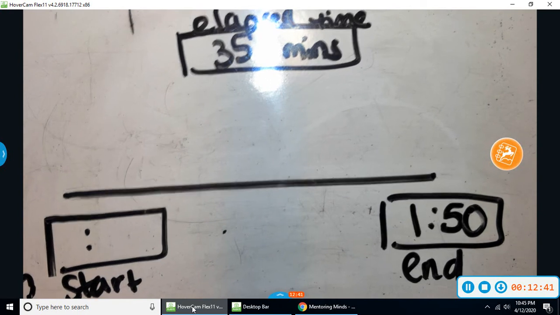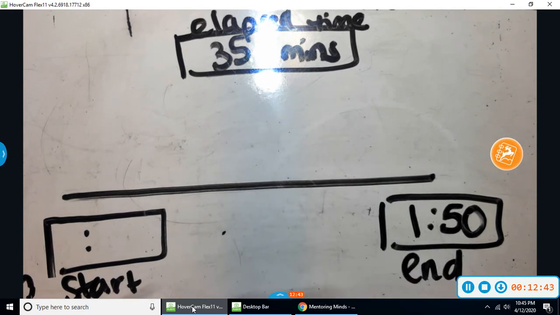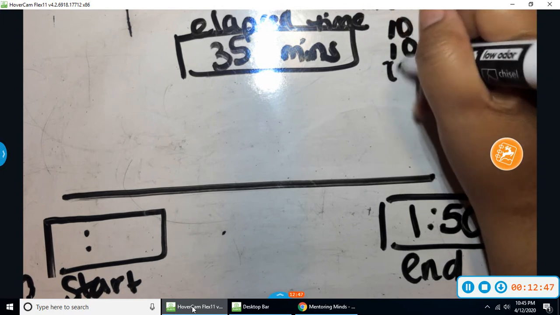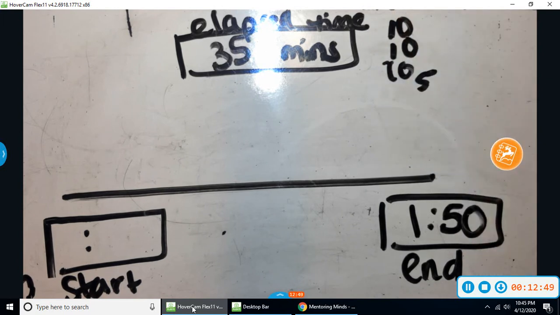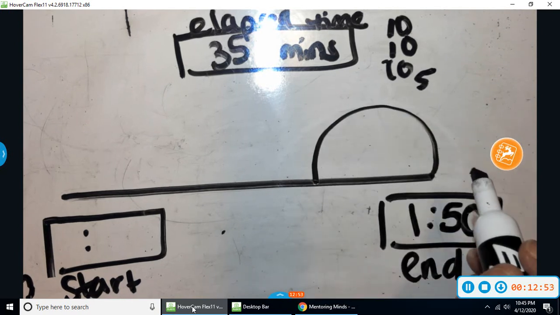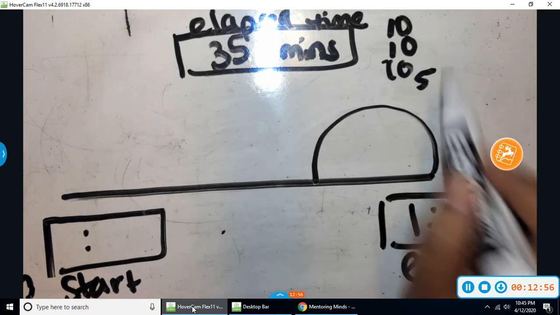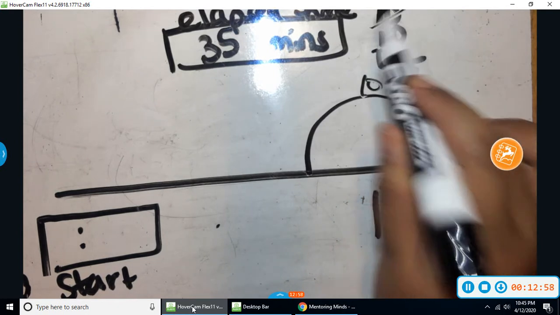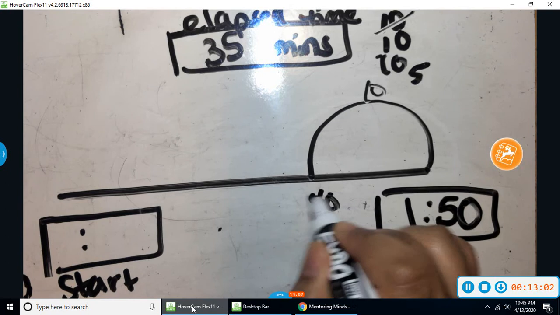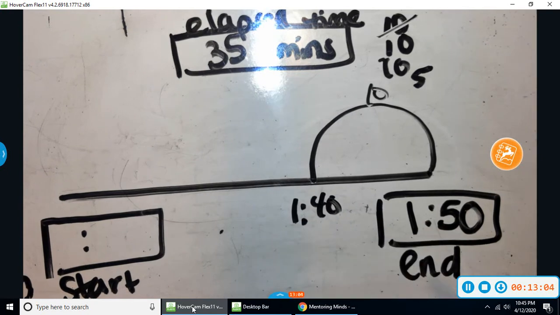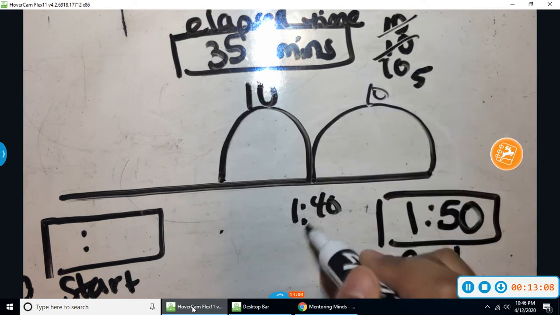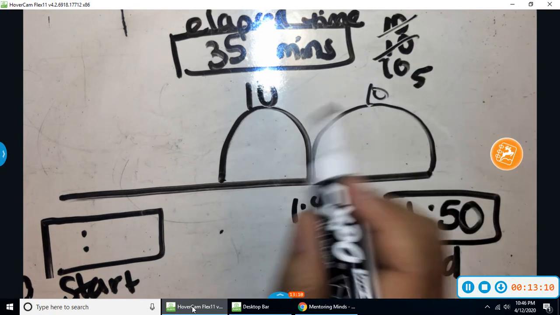Okay. So how am I going to break 35? I'm going to break it into 10, 20, 30, and then a 5, interval of 5. So 10 minutes back would be 50 minus 10, which is 40, and my hour stays the same. Then another 10. 40 minus 10 is 30.